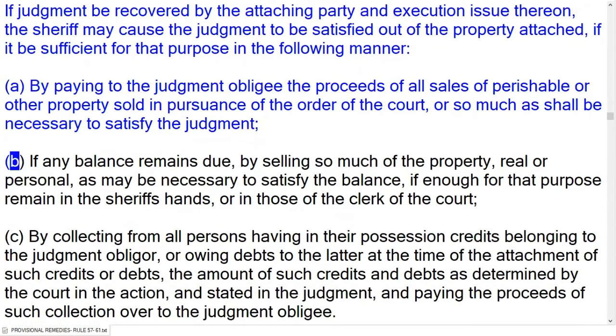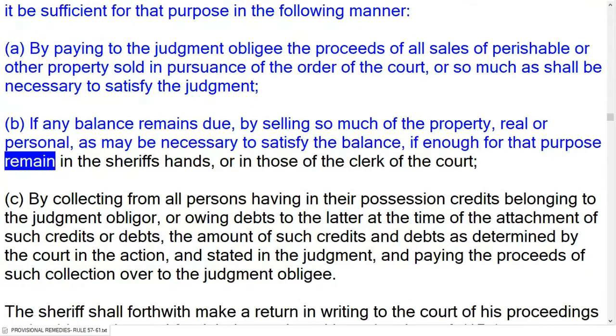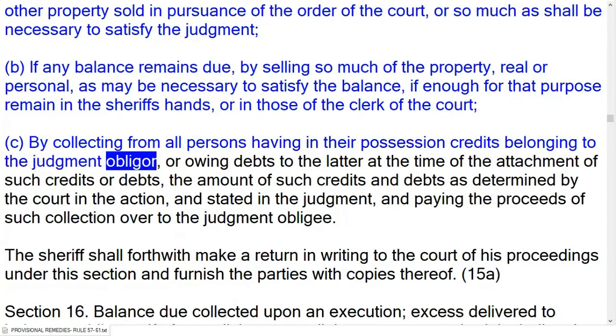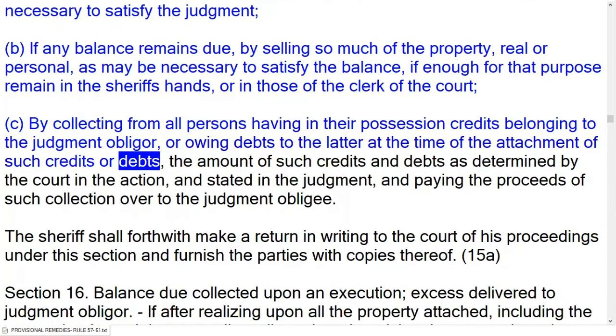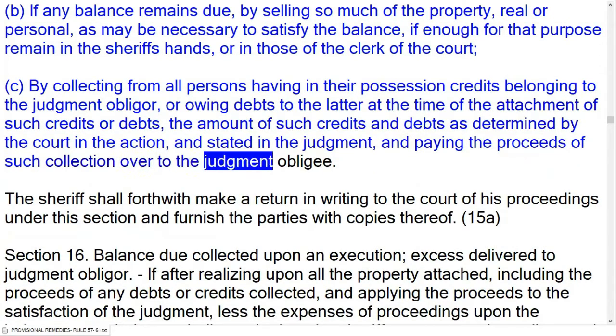B. If any balance remains due, by selling so much of the property, real or personal, as may be necessary to satisfy the balance, if enough for that purpose remain in the sheriff's hands, or in those of the clerk of the court. C. By collecting from all persons having in their possession credits belonging to the judgment obligor, or owing debts to the latter at the time of the attachment of such credits or debts, the amount of such credits and debts as determined by the court in the action, and stated in the judgment, and paying the proceeds of such collection over to the judgment obligee.